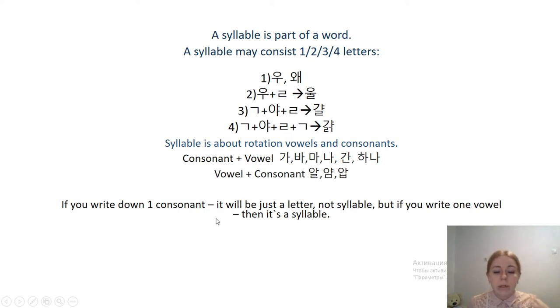So there are some examples. If we have a rotation of consonant and vowel, for example, ka, pa, ma, na, kan, hana, and so on. And vowel plus consonant, there also might be al, yam, ab, and so on.